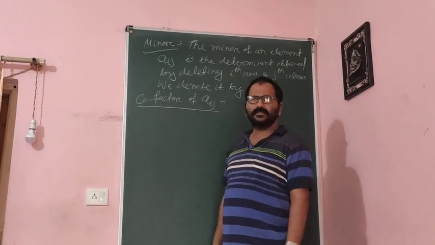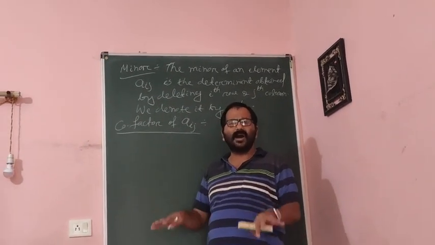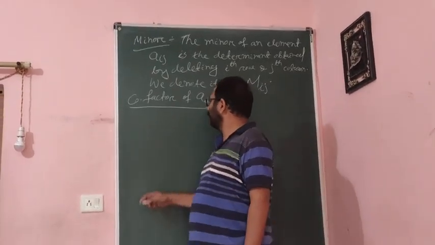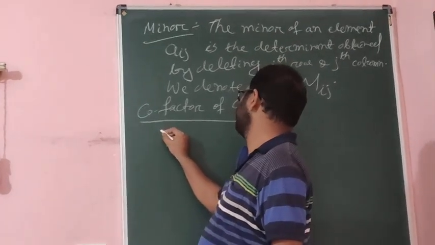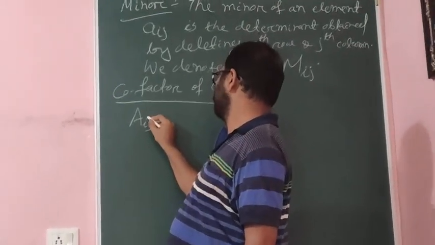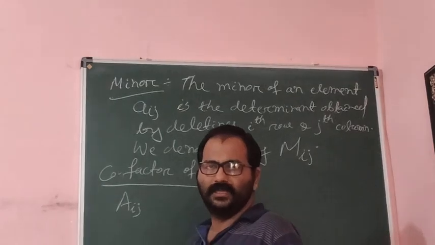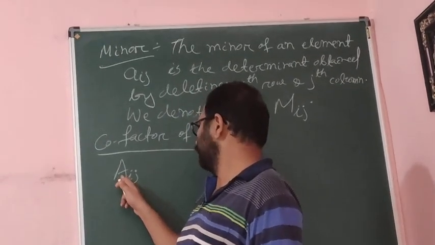Actually, cofactors and minors are the same, but there is an appropriate sign in the case of a cofactor. We are denoting the cofactor as capital Aij, or in some books it is written as capital Cij. But in our CBSE, NCERT book, we are following the notation capital Aij.